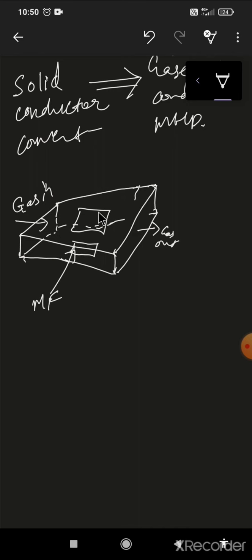By placing these electrodes and connecting them to a circuit, this will generate electricity.